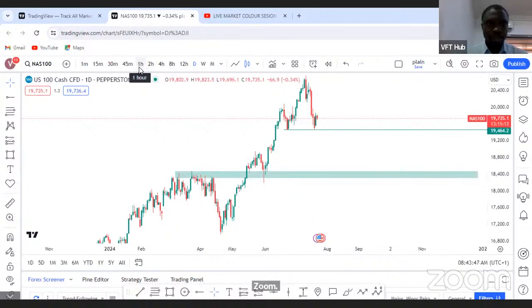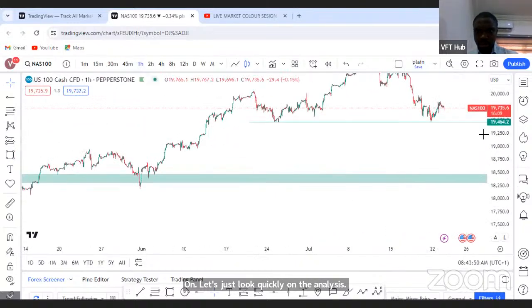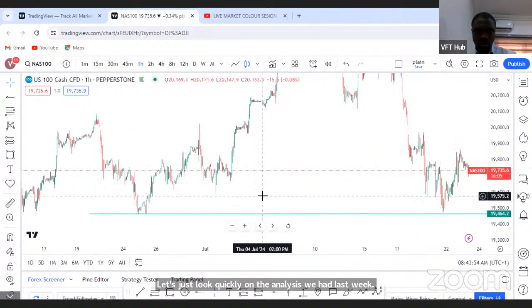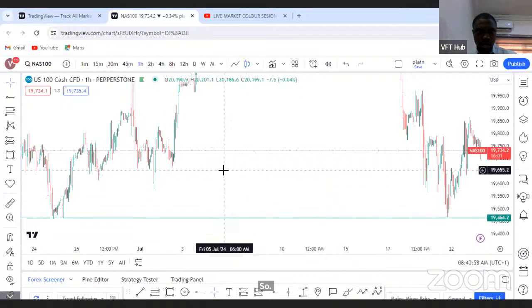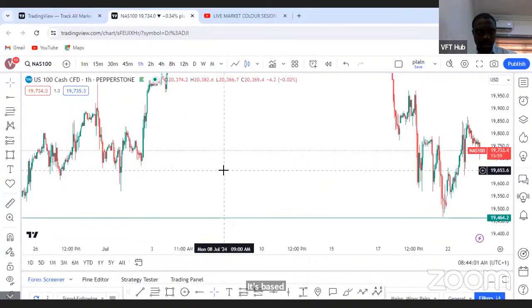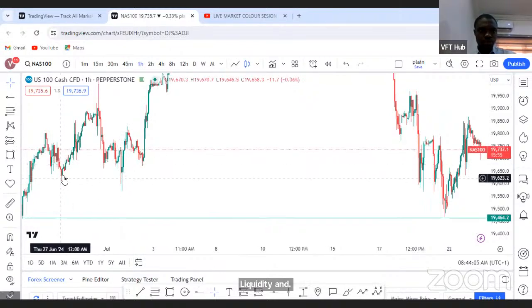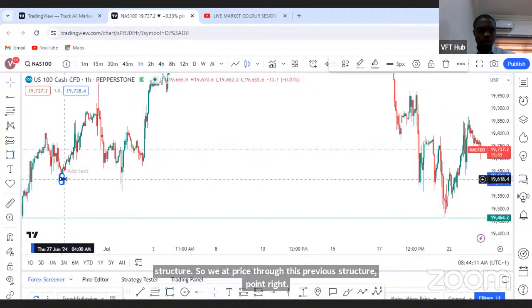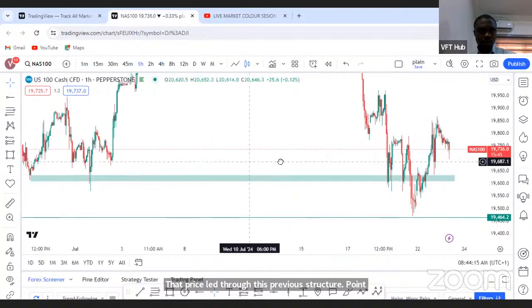So let's just look quickly at the analysis we had last week. Okay. It's based purely on structural liquidity and market structure. So we had price clear through this previous structure point, right?